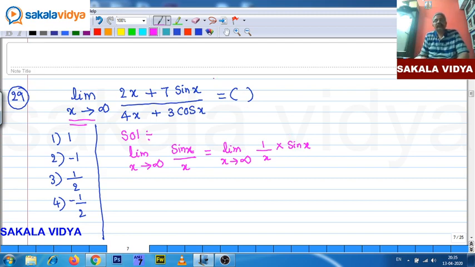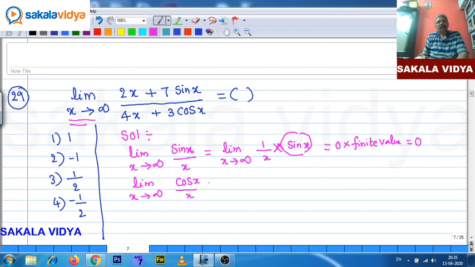So always remember, it is a finite value, whereas 1 by x is 0, and 0 into a finite value is 0. That means limit x approaches to infinity, sin x by x is equal to 0. In the similar manner, limit x approaches to infinity, cos x by x, you can write as limit x approaches to infinity, 1 by x multiplied by cos x, 0 multiplied by a finite value, 0.